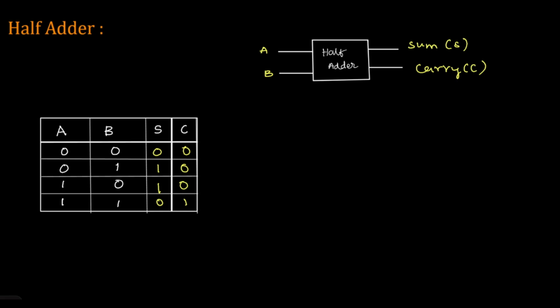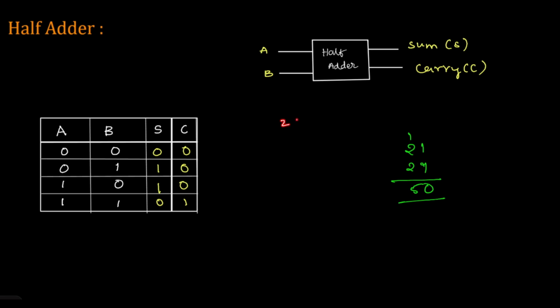This is because, let us take an example. Let us take decimal numbers, 21 and 29. Then I will get 0 here, and I am taking carry 5 here. This is because the decimal number has base 10. We know this, the decimal number has base 10.